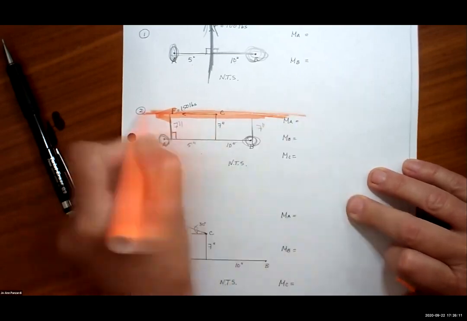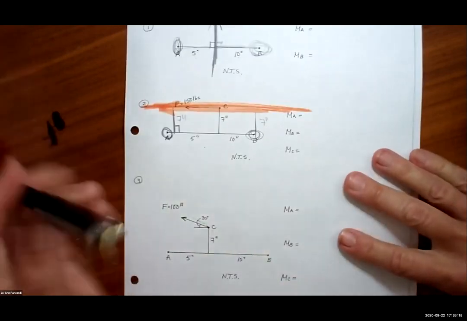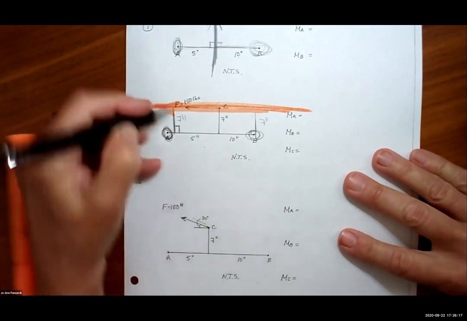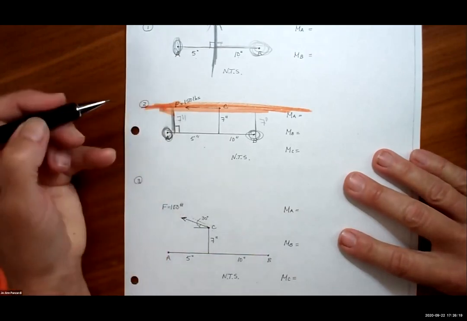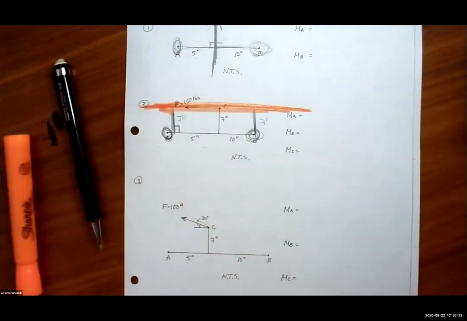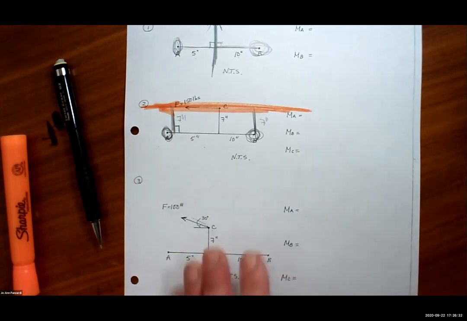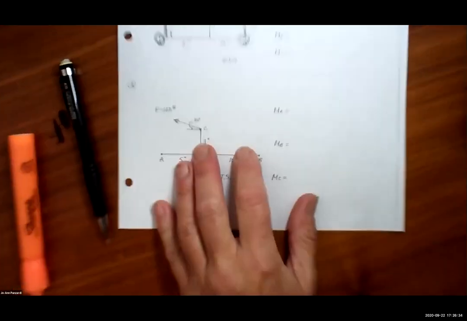And if you want, draw a big old long line. Then when you're trying to find a moment about A, here's the perpendicular distance. Here's B, here's the perpendicular distance. Are you guys somewhat comfortable with finding the perpendicular distance now? Yeah? Okay, so now let's look at this problem.